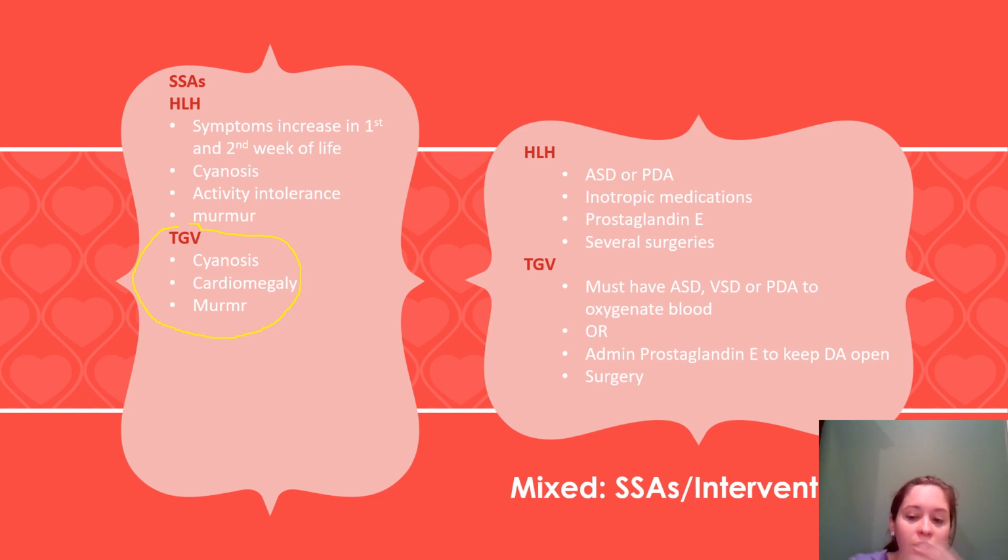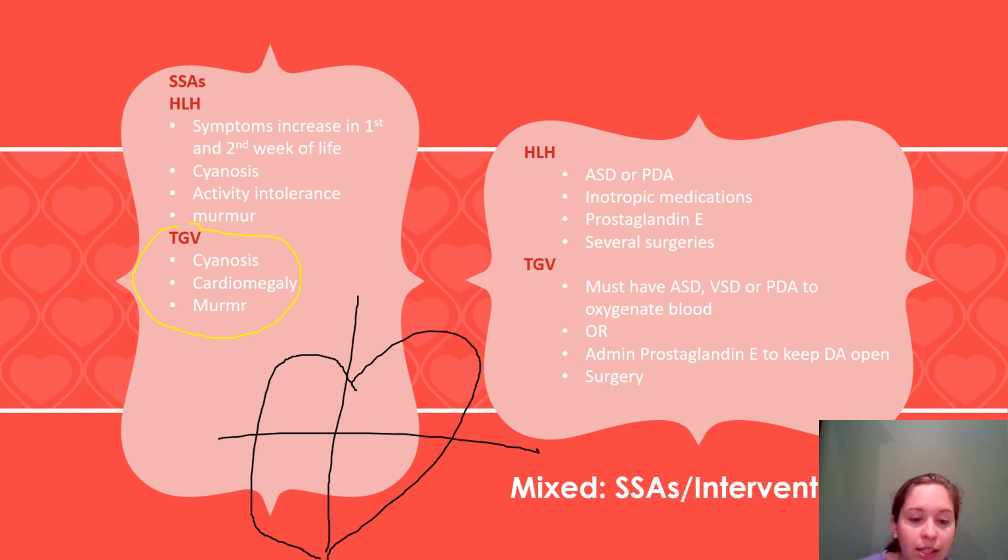Normally the ductus arteriosus would close right after birth, but in the case of the transposition of the great vessels, we really want to keep the ductus arteriosus open. And if we keep it open, now remember, the aorta is now connected to the right ventricle, and the pulmonary artery is connected to the left ventricle.